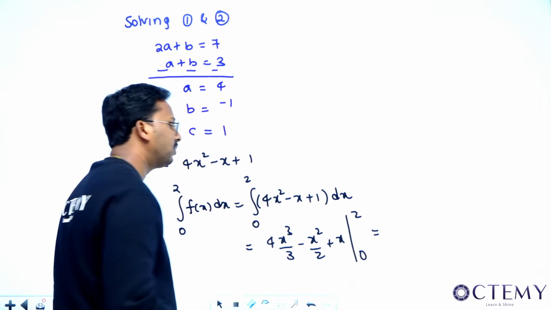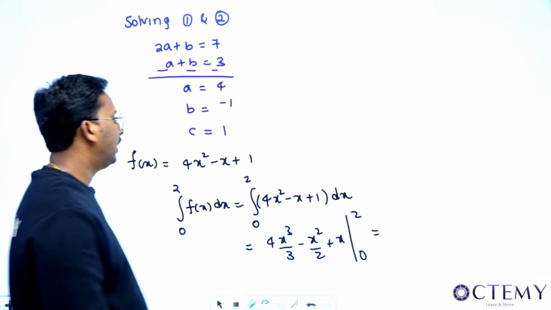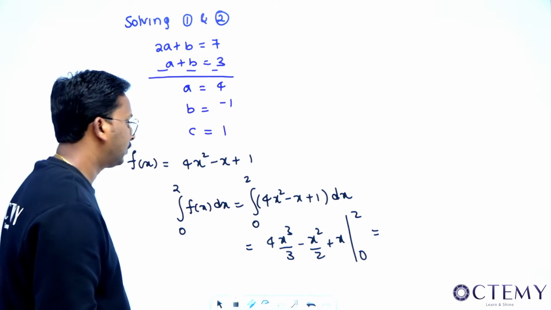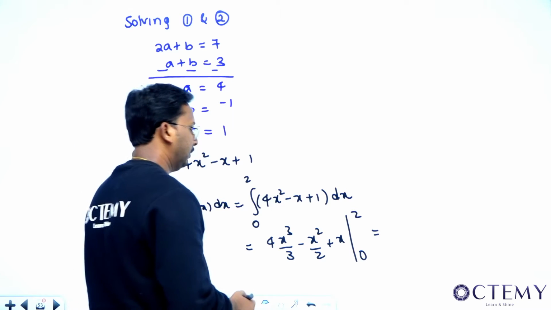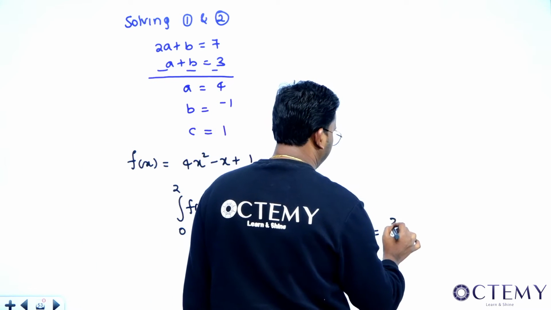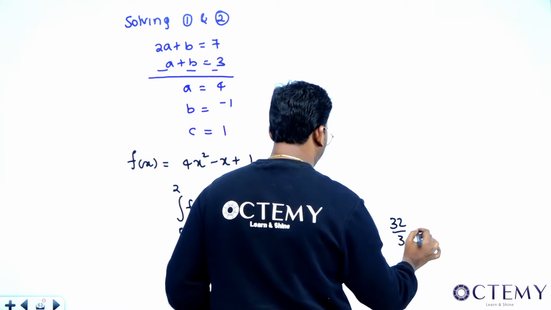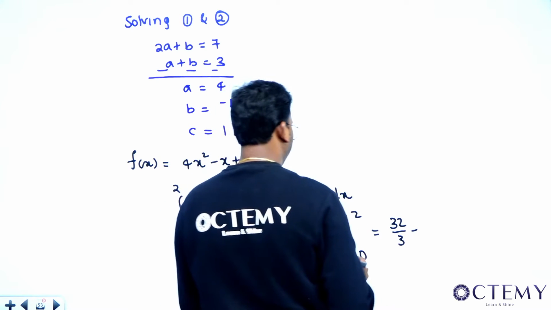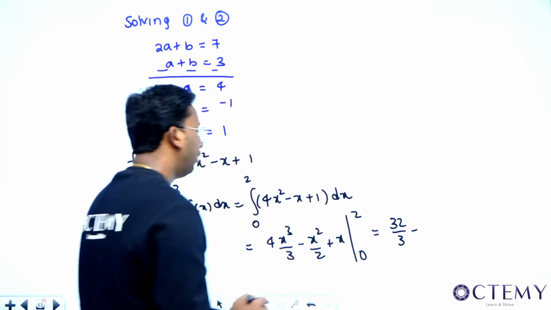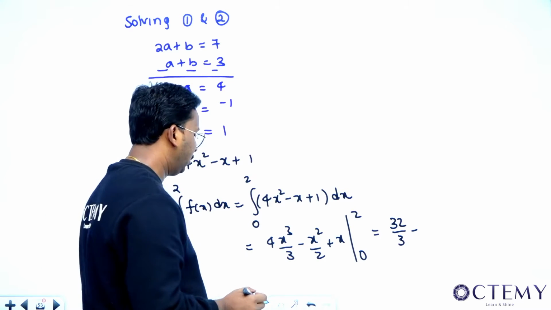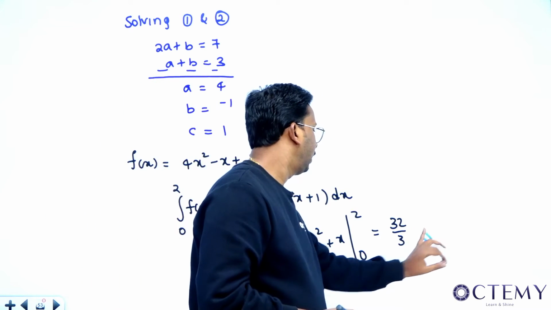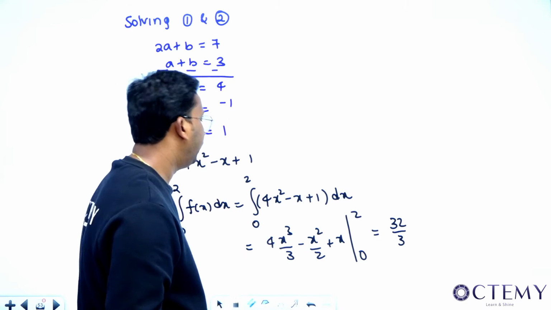So if I put this in, I will get 32 by 3 minus 4 by 2, so minus 2 plus 2. It will become 32 divided by 3.